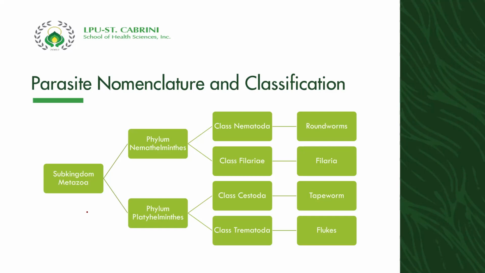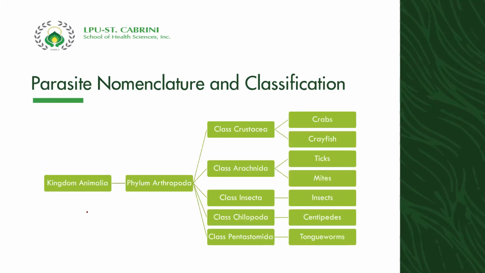For class Filariae, we have Wuchereria bancrofti, Brugia malayi. They are flat, but they are classified under phylum Nemathelminthes. For phylum Platyhelminthes, we have the flatworms or the tapeworms and the flukes. Tapeworms, ito yung mga cestodes, and flukes are the trematodes.